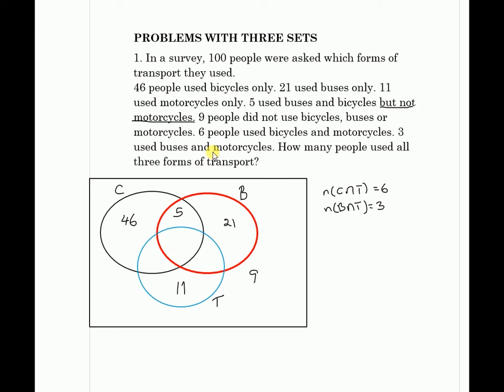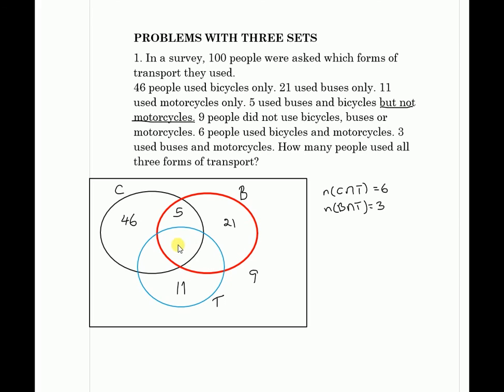But for this 6, they said 6 people used bicycles and motorcycles, and they didn't say anything else. So those are the people who used both bicycles and motorcycles, regardless of whether they used the buses also. Among those 6, there are people who also used the buses, but the moment they use bicycles and motorcycles, they are counted among those 6 people.